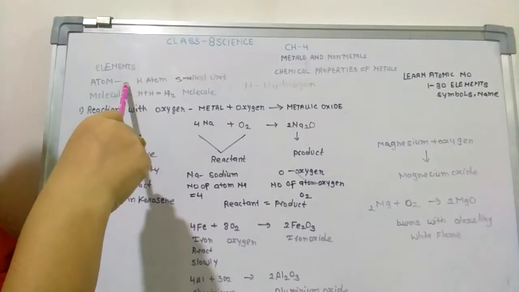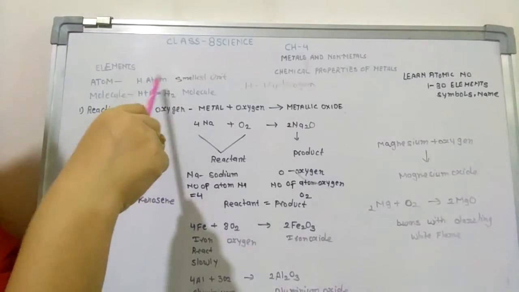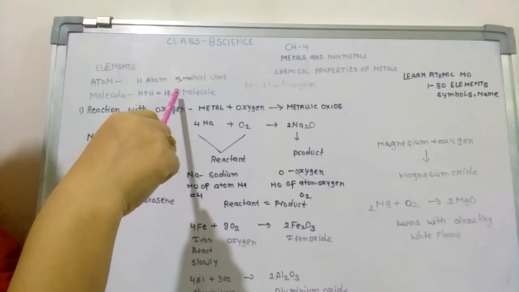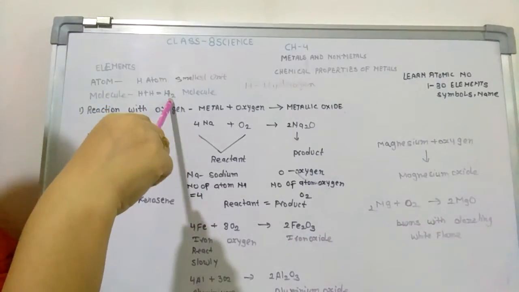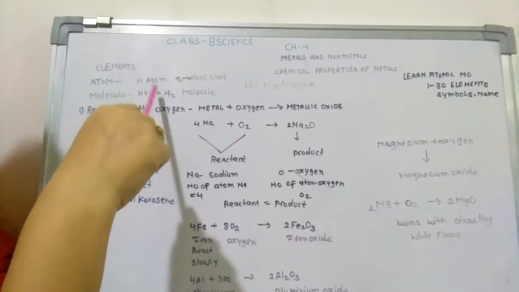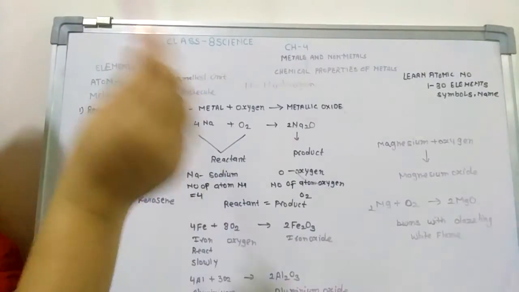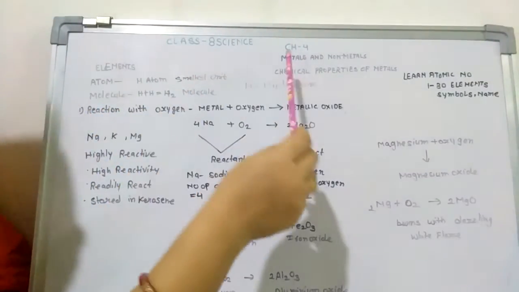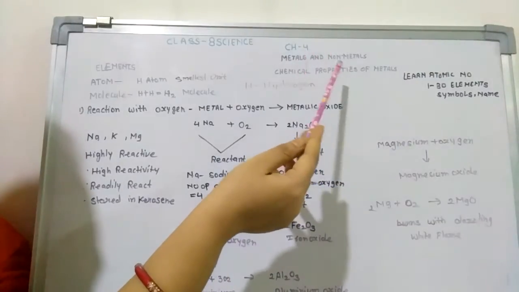So an atom is the smallest unit. When atoms join together, they form molecules, and molecules are pure substances. So today's topic is chemical properties of metals.